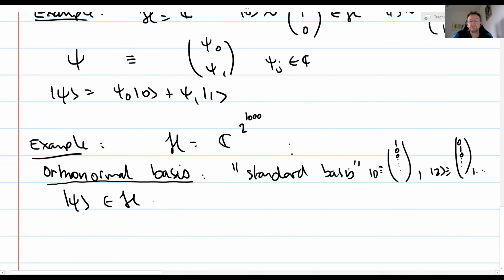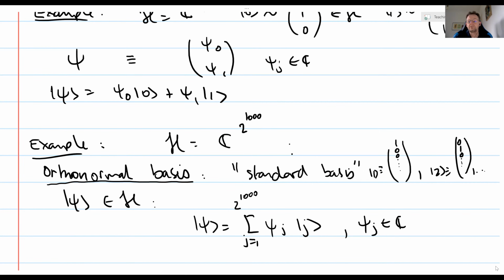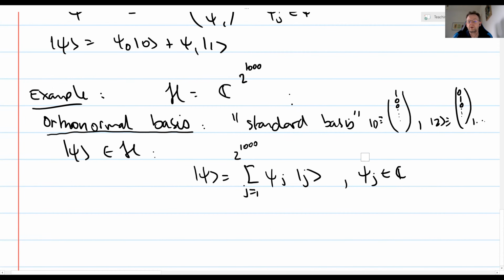As long as you only consider linear combinations of a finite number of these basis elements, you could certainly write this sort of thing out, with j equals 1 to 2 to the 1000. You can specify these objects, where these psi j are really just the components of the vector, but now you can specify a finite number of them quite efficiently.